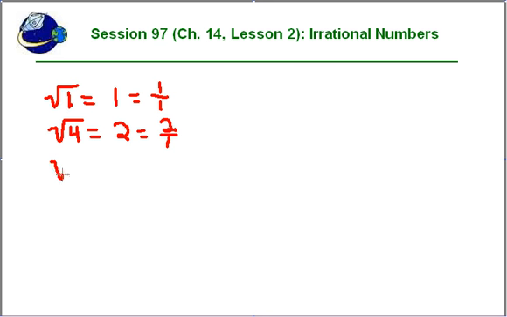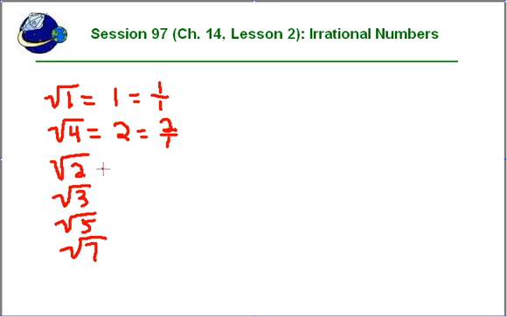However, many square roots are irrational. Square root of 2 is one of those. Square root of 3 is another. Square root of 5 is another one. Square root of 7 is also another one.